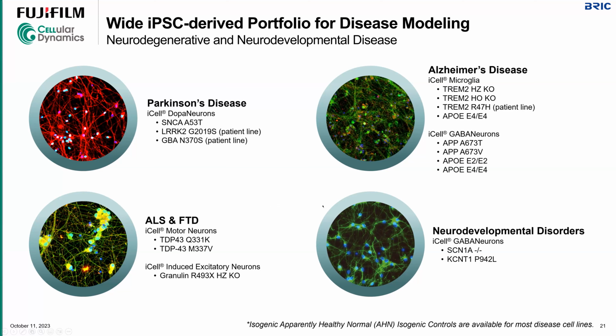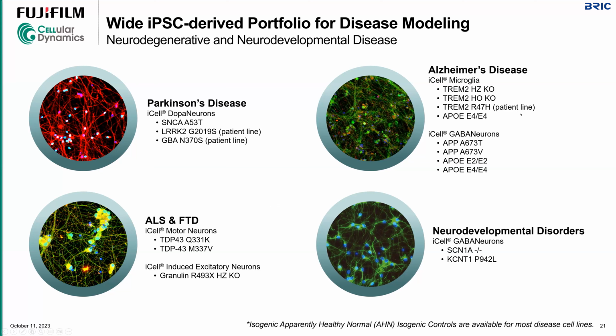This is just a very short representation of the extensive number of products we have for disease modeling with our neuro portfolio. For example, for Parkinson's disease, you can compare healthy dopaneurons with Parkinson's disease dopaneurons, and have them side by side compared for calcium oscillation differences or ICC or MEA differences.